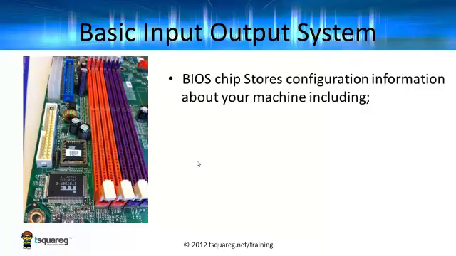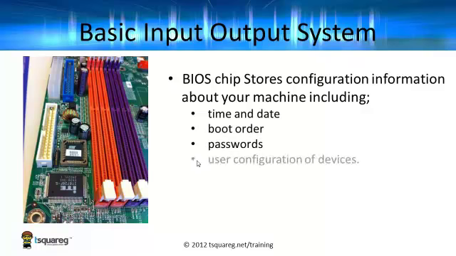That will include things like time and date, the boot order, passwords, and any other configuration changes you make to your hardware. Because this is so important, all those settings need to be stored even if the PC is powered down or unplugged.